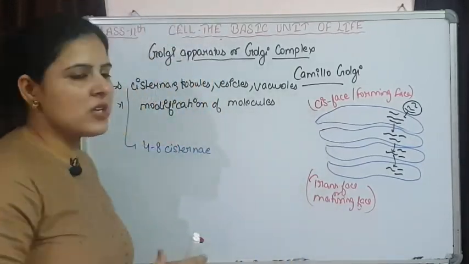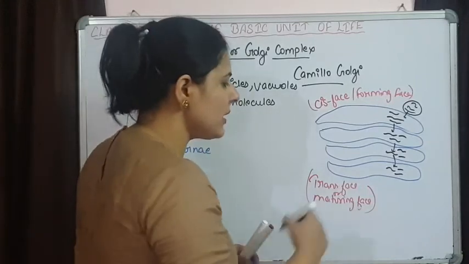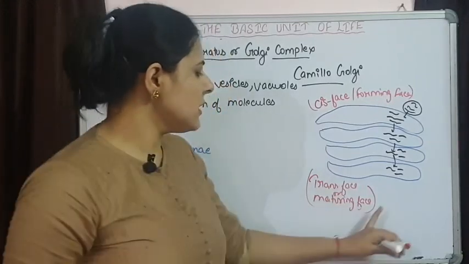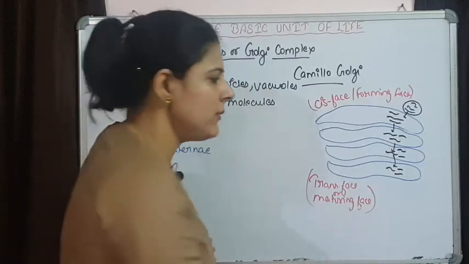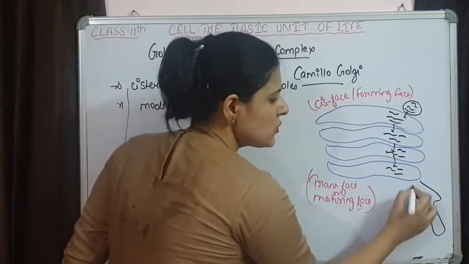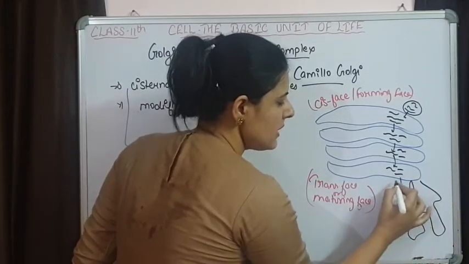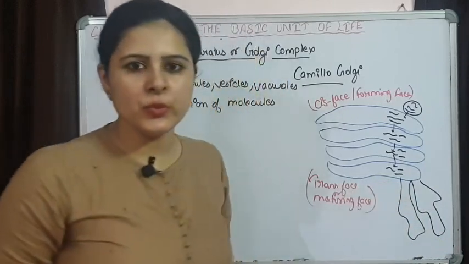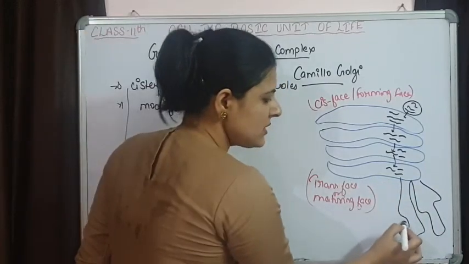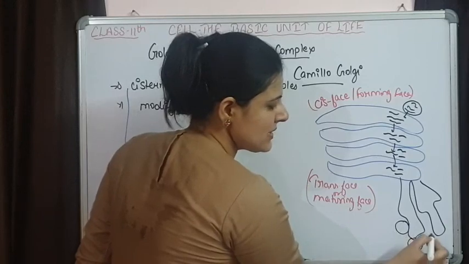Now the second structure, tubules, are going to be present over here. So tubules are going to be present on the trans face. They will be associated with cisternae. So a complex structure will be formed by these tubules, and these tubules are associated with vesicles.